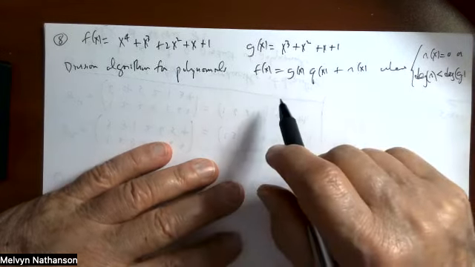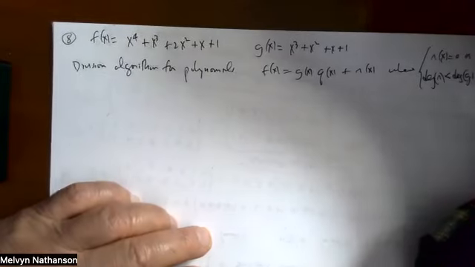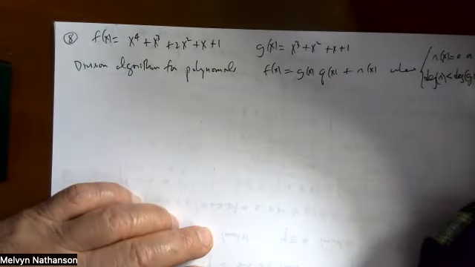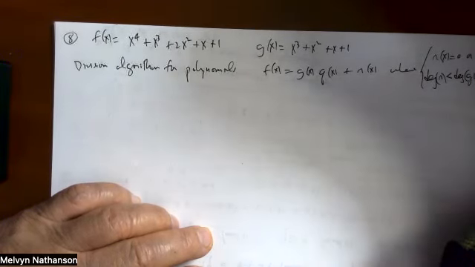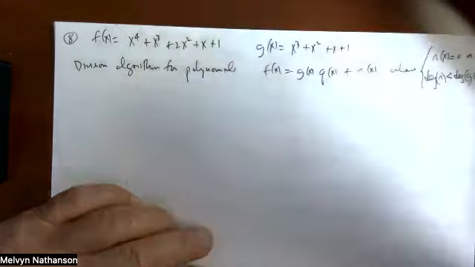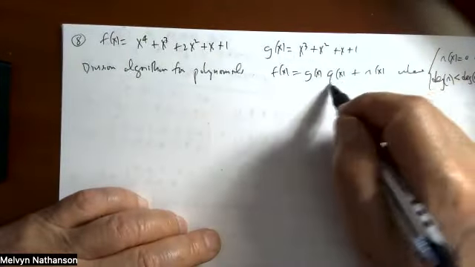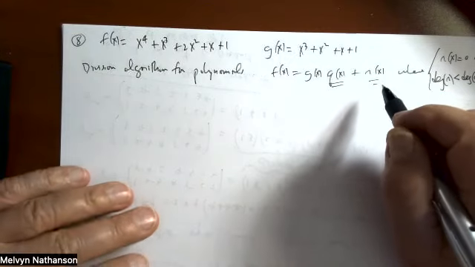So this is completely analogous to the division algorithm for integers. So let me apply the division algorithm or calculate the quotient and the remainder. Here's the quotient, here's the remainder.